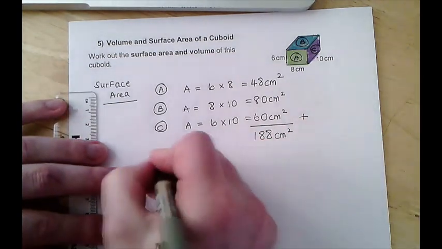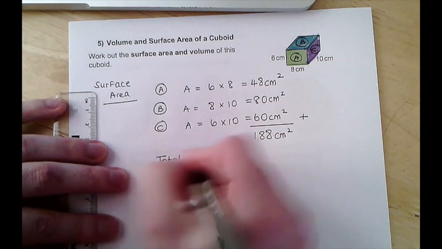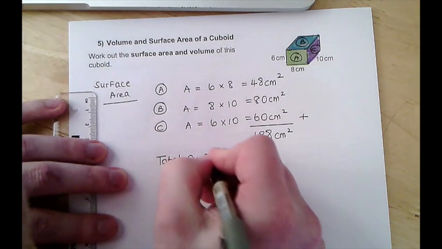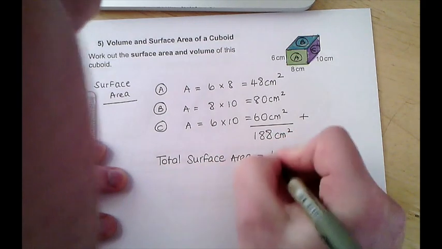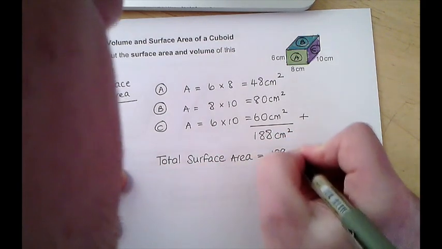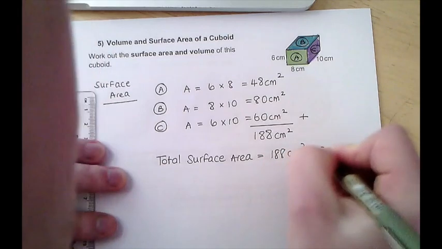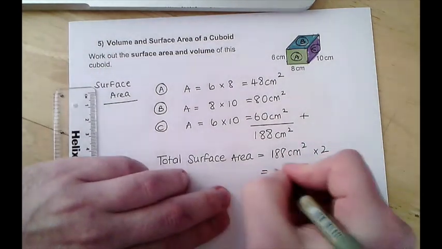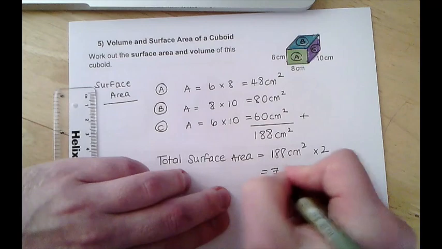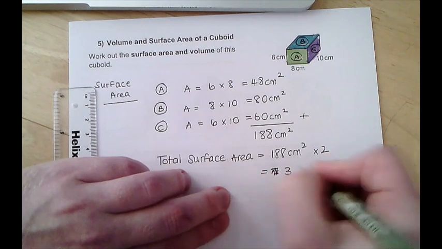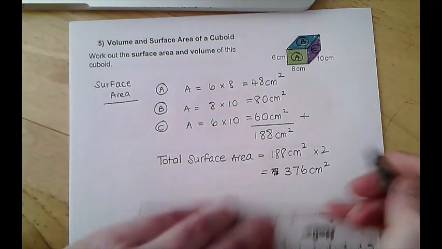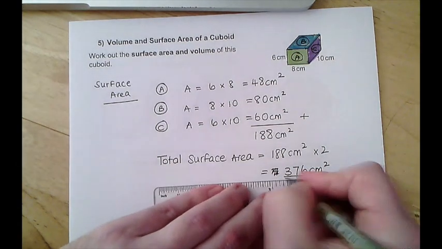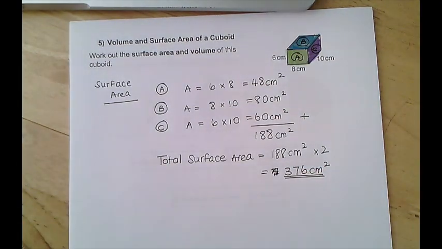So therefore the total surface area is 188 centimetres squared multiplied by 2, which gives me 376 centimetres squared. So that's my total surface area.